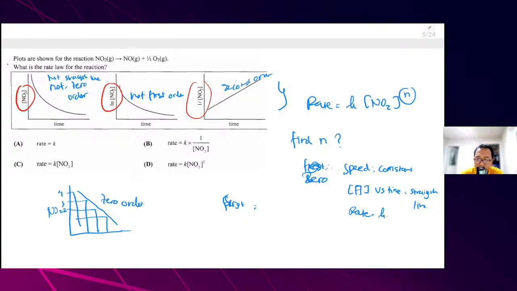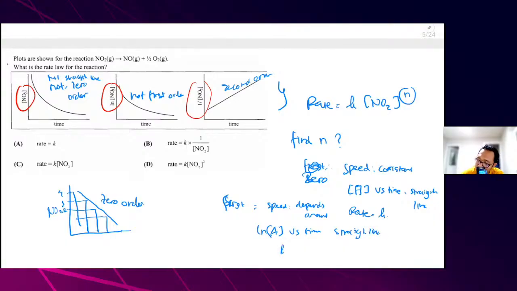The speed depends on the amount, so if the NO2 is doubled, the rate will double. So it depends on the amount. ln A versus time is a straight line.